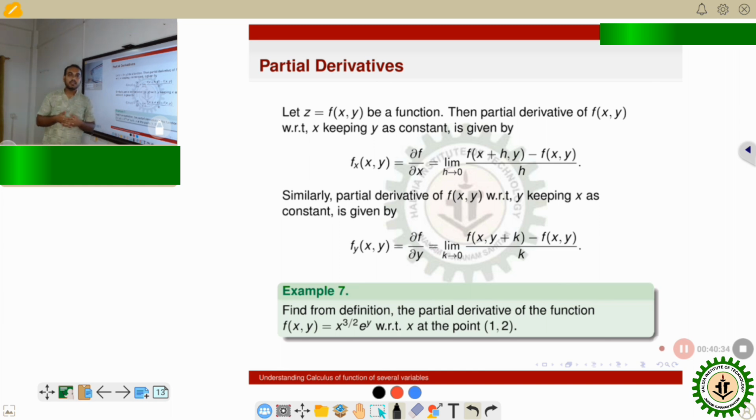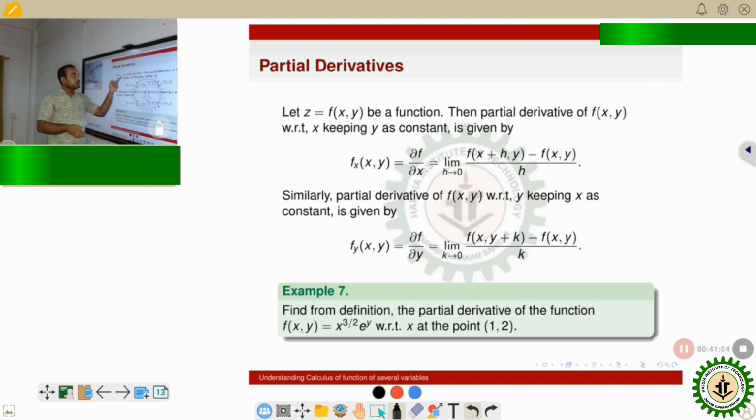In the single variable case, the derivative notion is basically in terms of limit, and we can talk about the direct total derivative notion. But since we are talking about functions of two variables, the number of input variables is 2, so you cannot talk about the total derivative directly. The total derivative notion will come in a later part. Since the number of variables is increasing, we try to approach the same notion of derivative for the input variables x and y one by one.